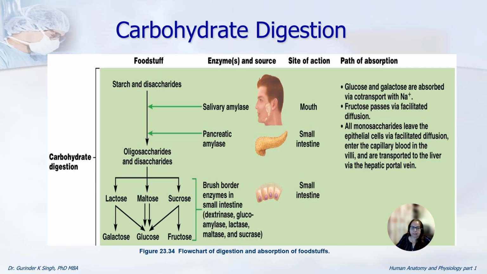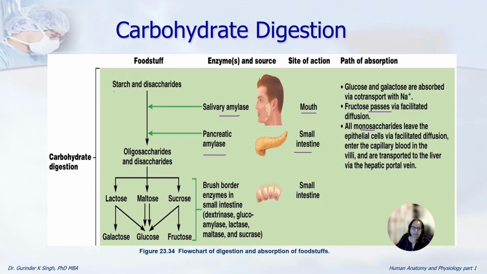So what happens is, with the salivary amylase, this is in the mouth, the glucose and galactose can be absorbed via a co-transporter called sodium-glucose transporter. Fructose can pass through facilitated diffusion, and all other monosaccharides leave the epithelial cells via facilitated diffusion and enter the blood.